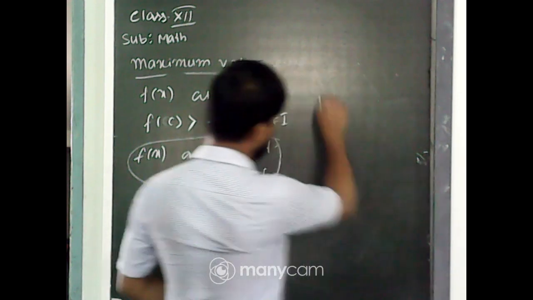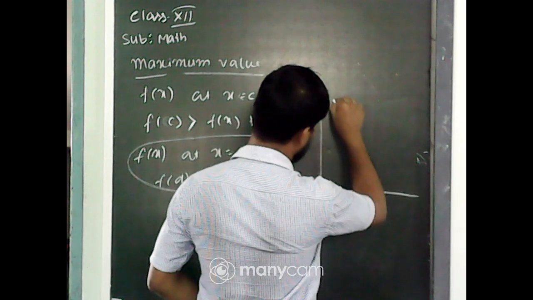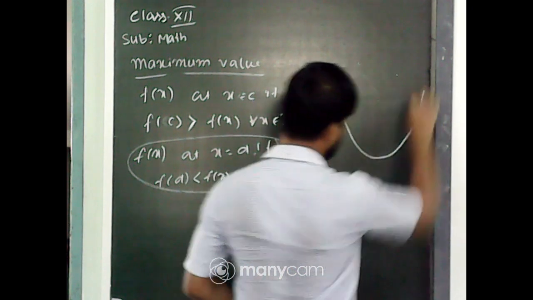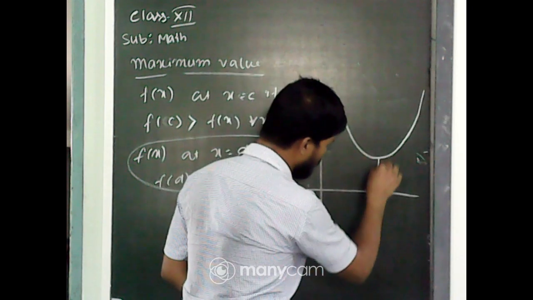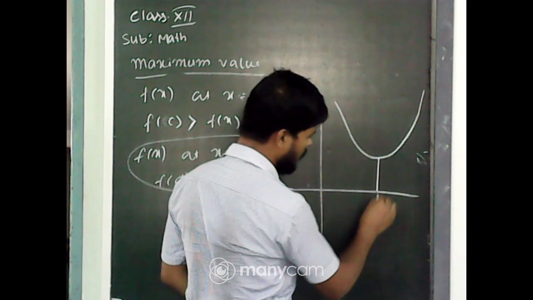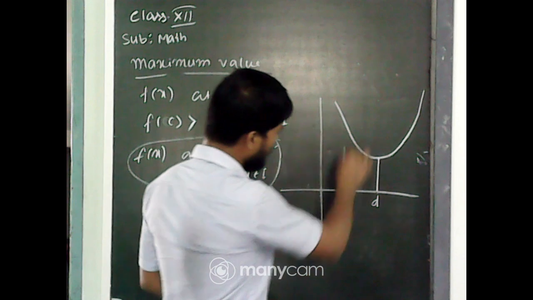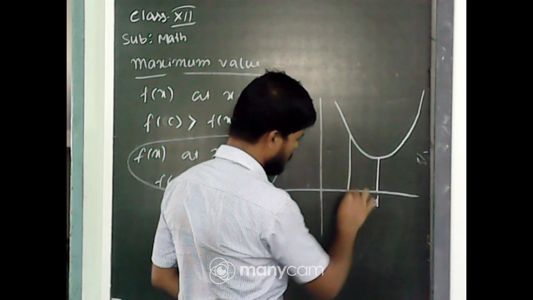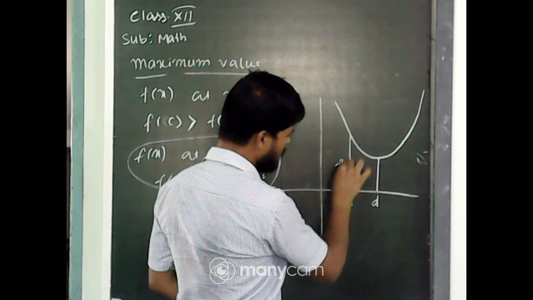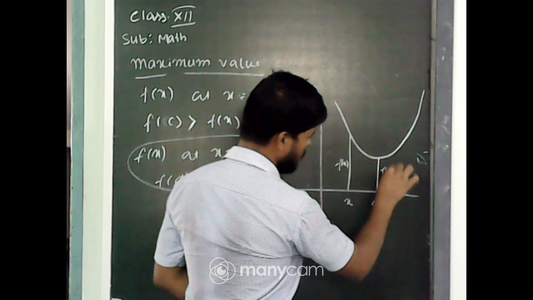Suppose there is a decreasing function. The minimum value will occur at x equal to d. If I take any point here, x, this is f of x and this is f of d.